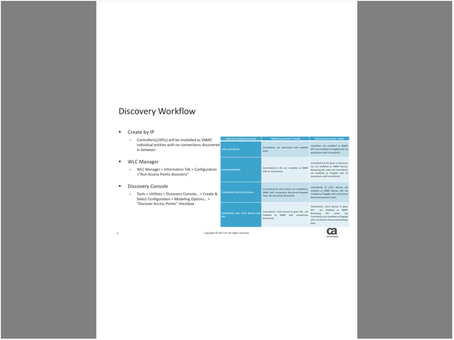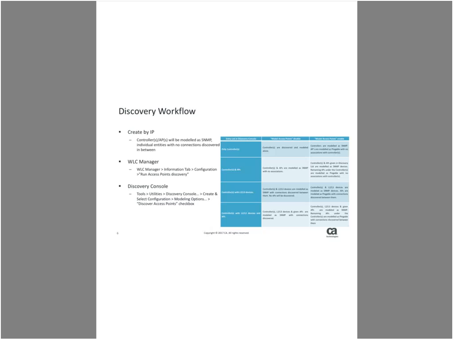Second, within your WLC manager, if you discover controllers and at a later point of time you want to discover the access points, you have an option where you can go and run the access point discovery, and then Spectrum will discover the access points and associate them with that controller.